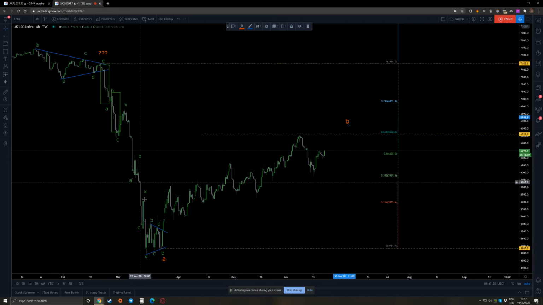Because this move is corrective, we eliminated the possibility of this being a zigzag. Why? If it was an impulsive move, a corrective move, and an impulsive move, then we could have thought to ourselves this is either 1, 2, 3, or it can be wave A of a zigzag, wave B of a zigzag, and wave C of a zigzag. Then we would have waited for an impulsive move.